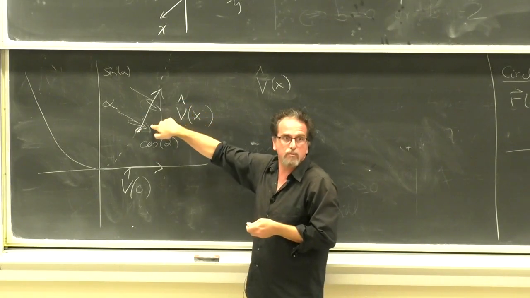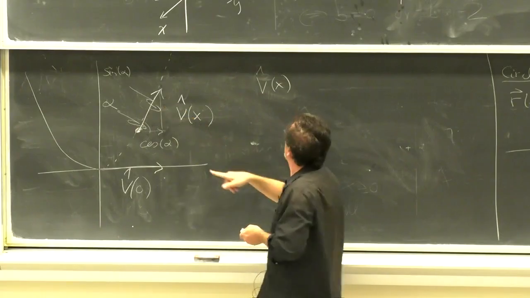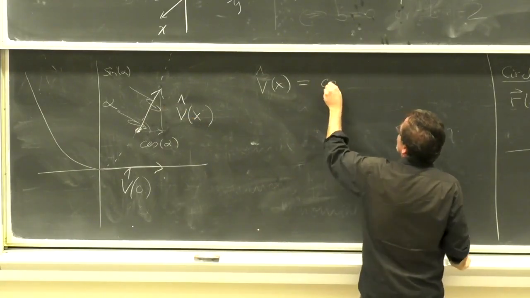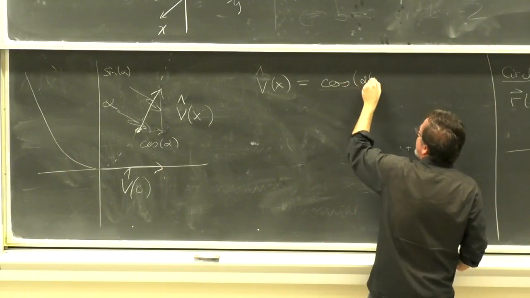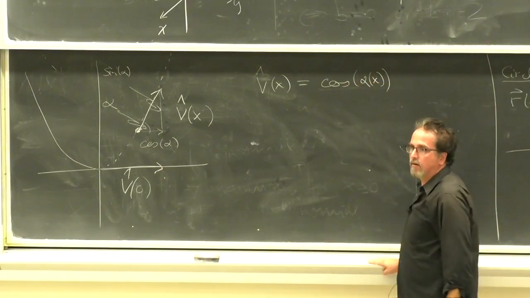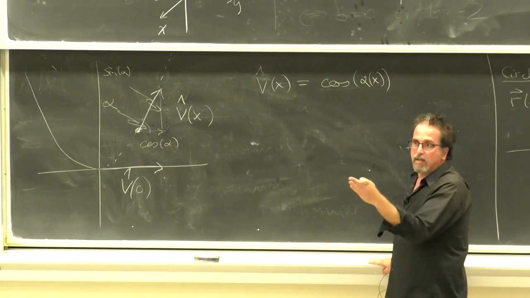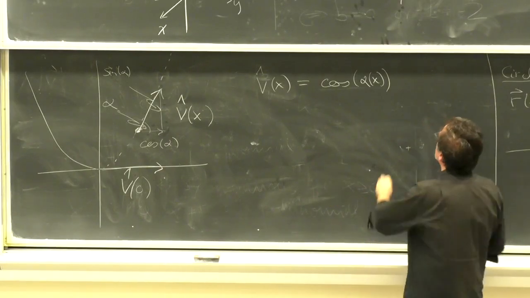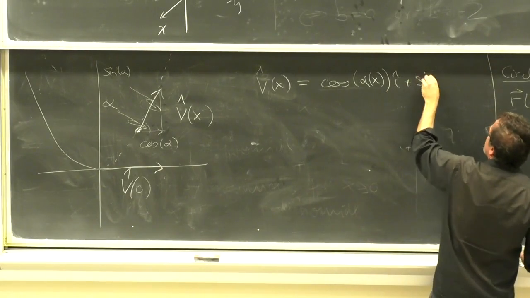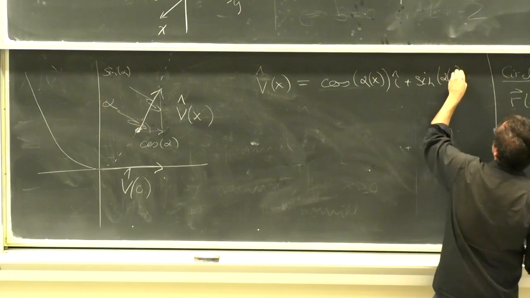Sine squared plus cos squared is 1. Okay? So v hat of x is equal to the cosine of alpha. But of course, alpha must depend on x. The cosine of the angle alpha that you're pointing in as a function of where you are, i hat, plus sine of the angle you're pointing in as a function of where you are.